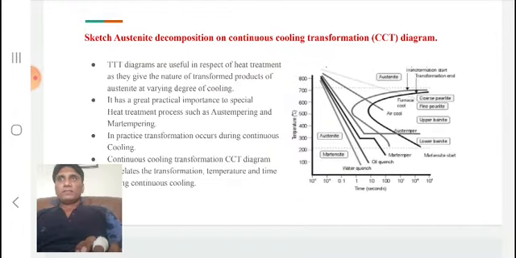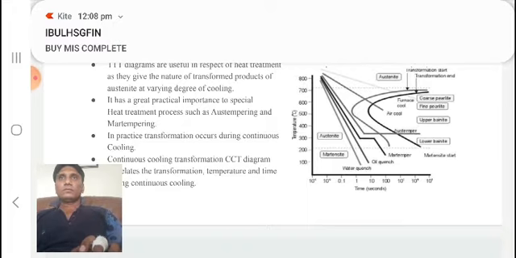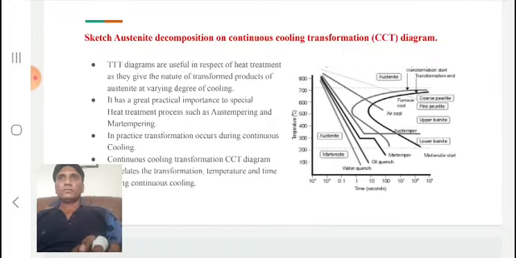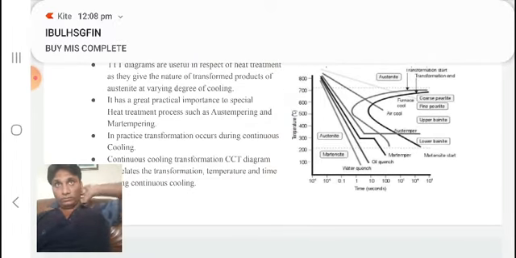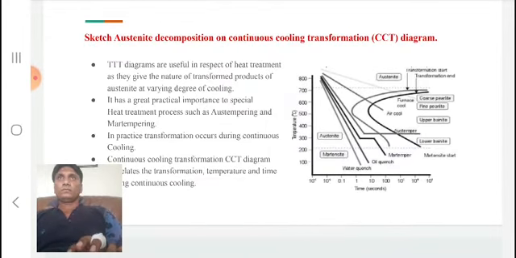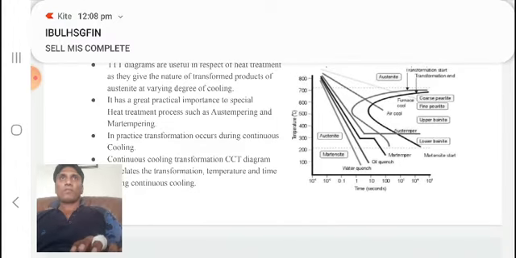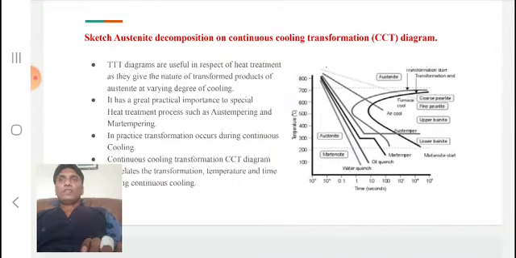It has a great role in heat treatment processes such as austempering and martempering.